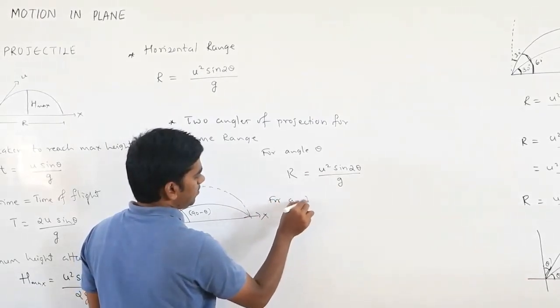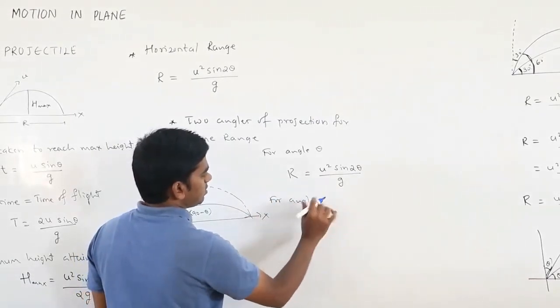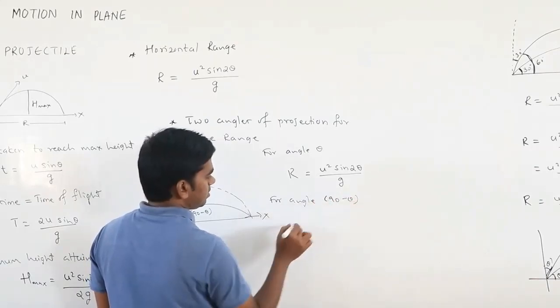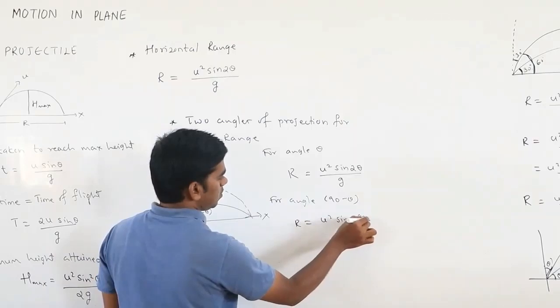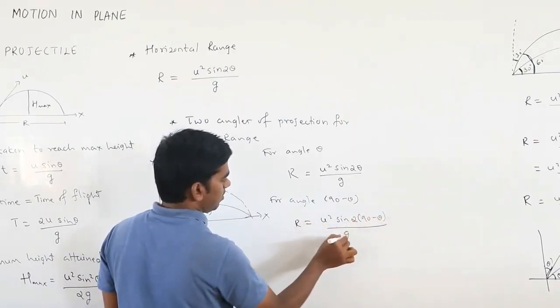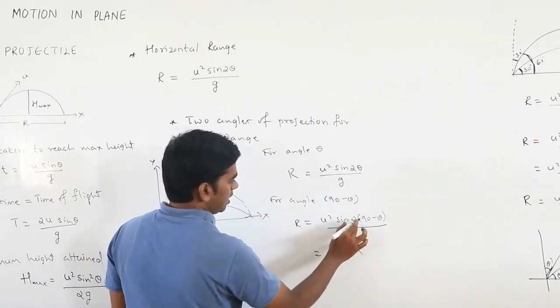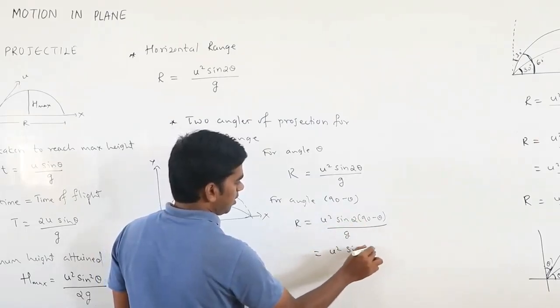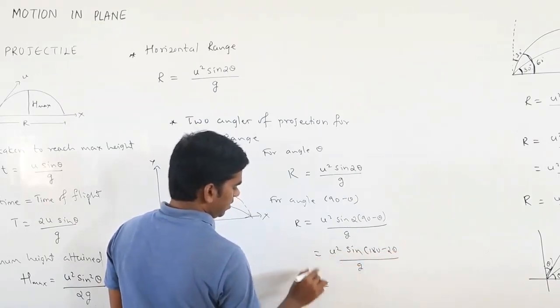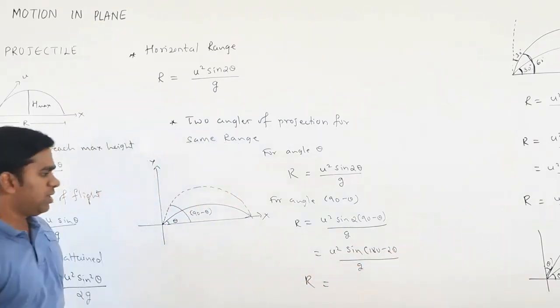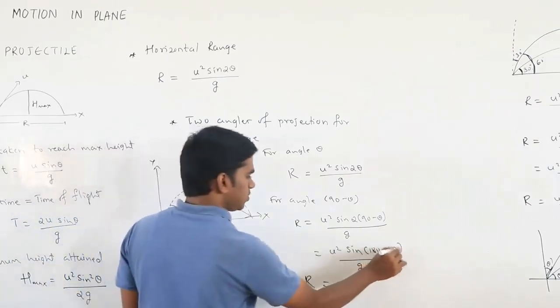For angle 90 minus theta, the range is u square sine 2 into 90 minus theta divided by g. Taking 2 inside, this becomes u square sine of 180 minus 2 theta divided by g. The range is u square sine 180 minus 2 theta.